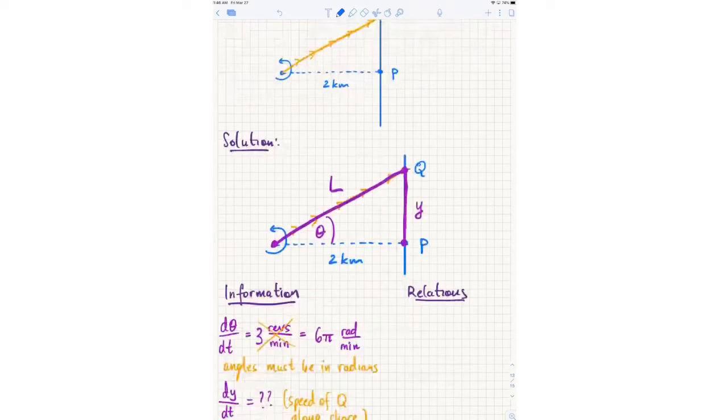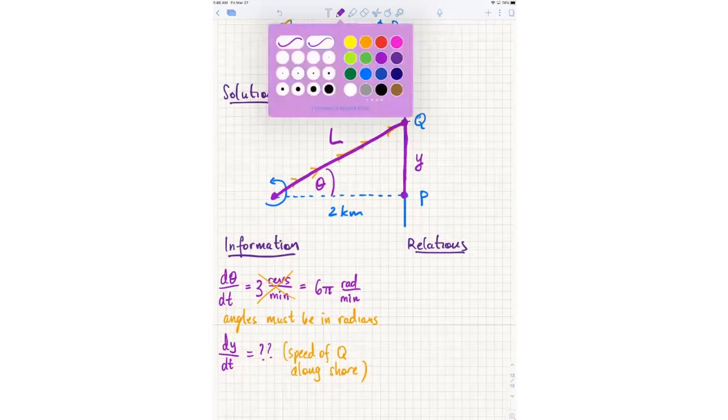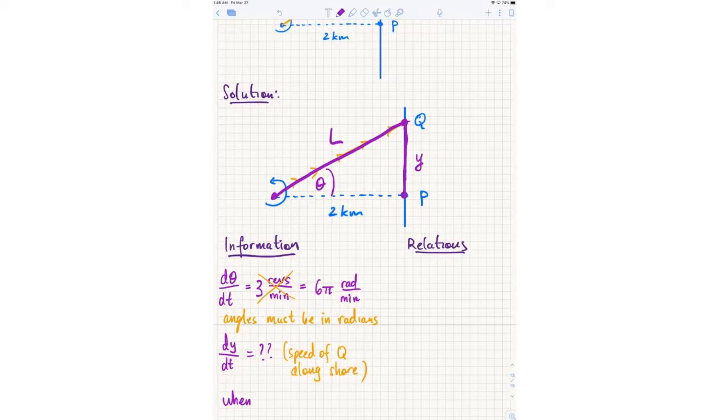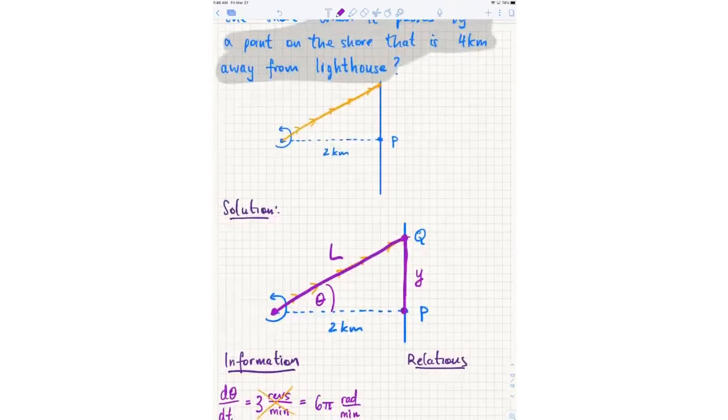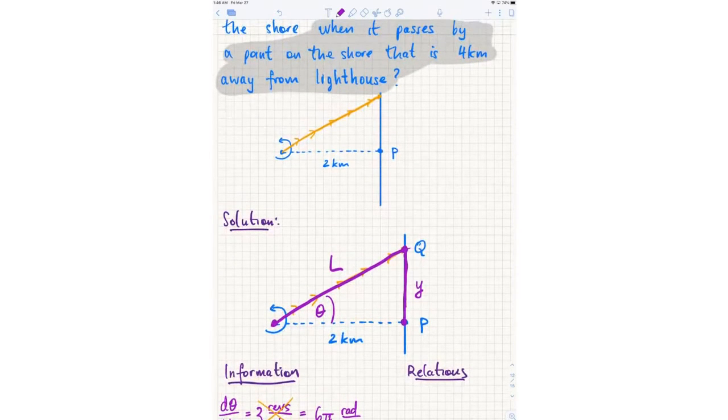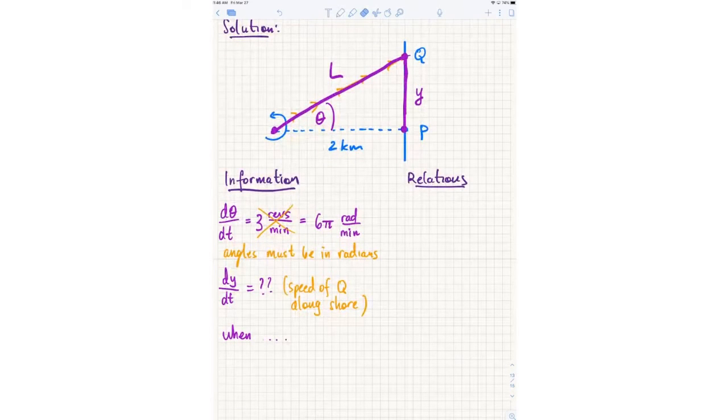I should write here, I want to know dy/dt when what is true? So when the point passes by. Is it when L equals 4 kilometers? That's correct. When the point Q is 4 kilometers away from the lighthouse, in other words, when L equals 4. So that's why we actually do need L in this.